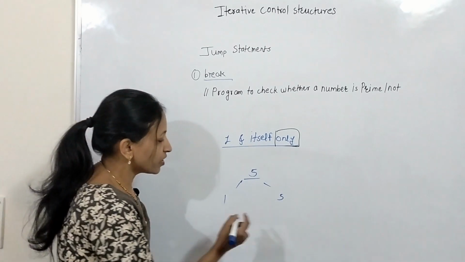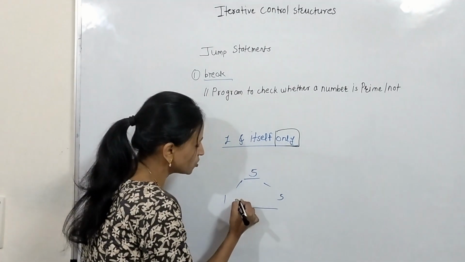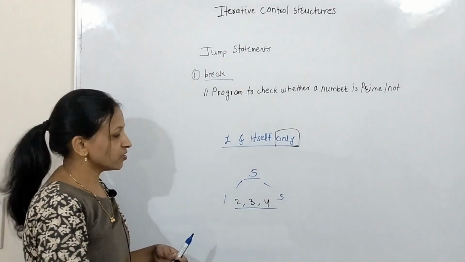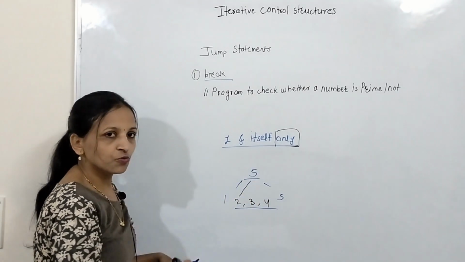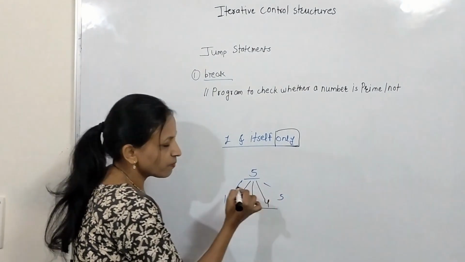That's why, for the intermediate numbers between 1 and 5, which are 2, 3 and 4, we will check whether the number is divisible by 2, whether it is divisible by 3, whether it is divisible by 4.